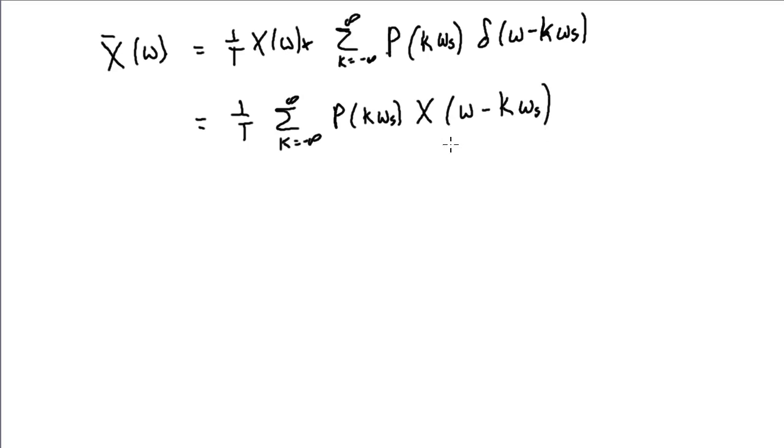What this will look like, again, is a sum of shifted versions of X(omega). Previously, we had a 1 here, where now we have these different constants corresponding to the different values of k.